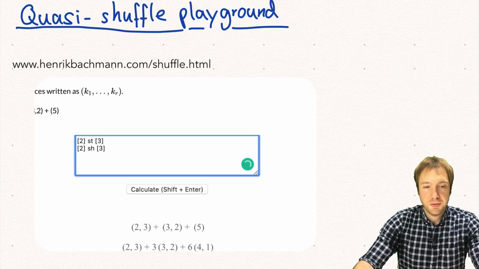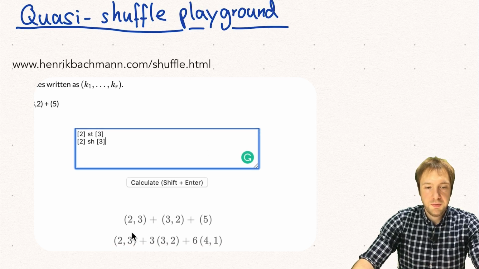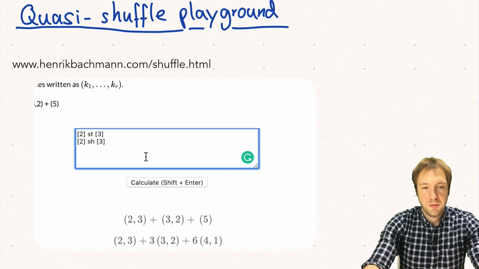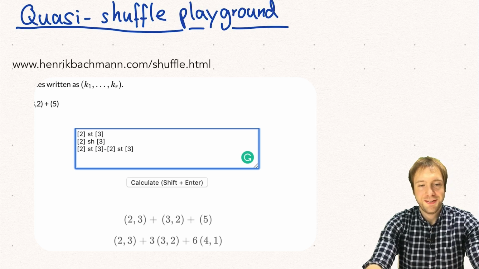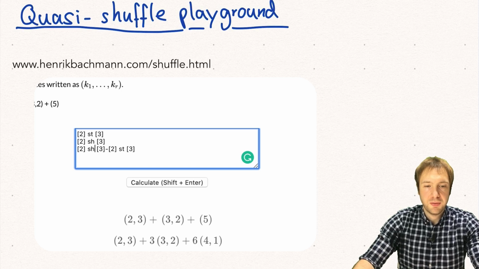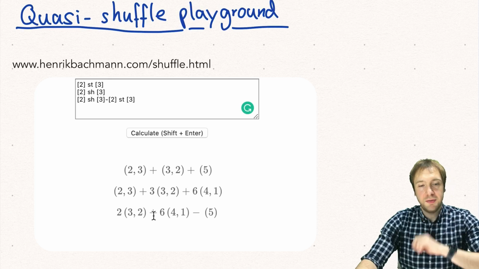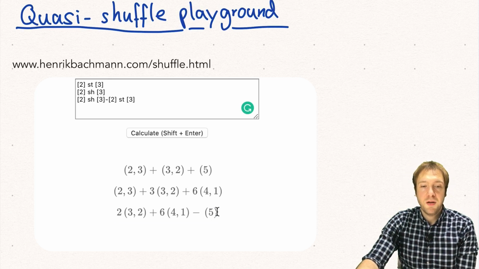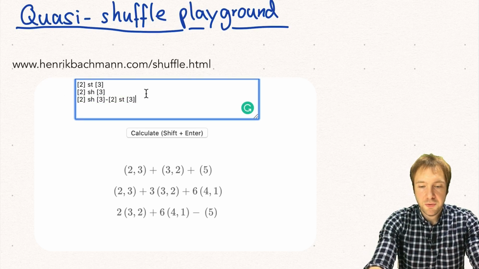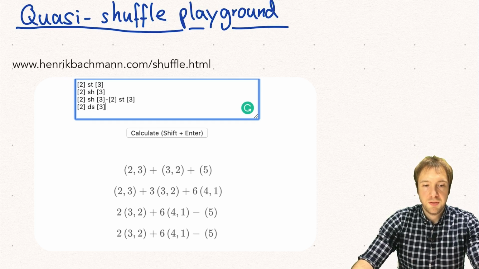For example, the shuffle product is given by this, and the shuffle minus the stuffle gives this relation here: zeta 2 times zeta of 3, plus 2 times zeta of 3, 2 plus 6 times zeta of 4, 1 minus zeta of 5 should be 0. So this is an example of a finite double shuffle relation. Also here you can use the shorthand command double shuffle of 2 and 3, which gives exactly the same.